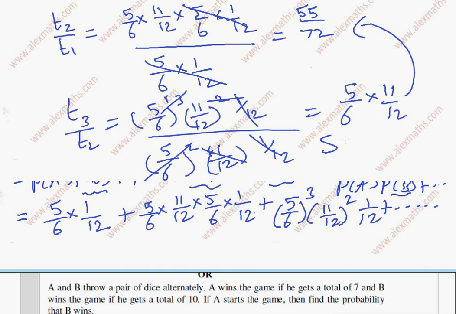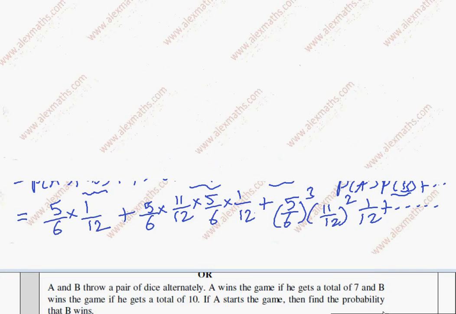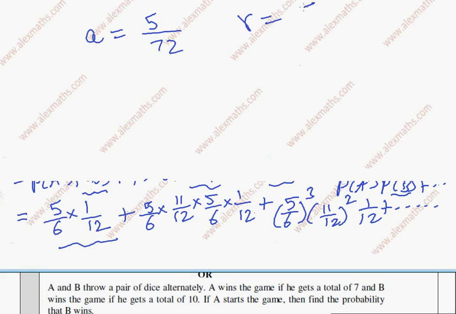For that, the formula is S is equal to A by 1 minus R, where A is the first term. The common ratio is this 55 by 72. Therefore, A is nothing but the first term, 5 by 72 here, and the common ratio R is 55 by 72.